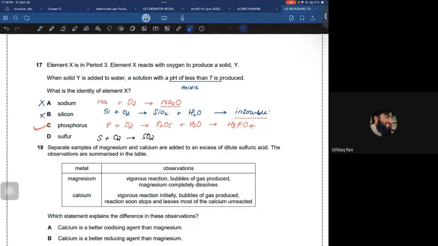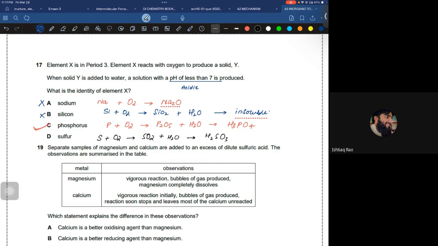Sulfur dioxide is your Y. And when sulfur dioxide reacts with water, it produces H2SO3, that is sulfurous acid. It's also an acid, so of course it's going to give you a pH that should be less than 7.